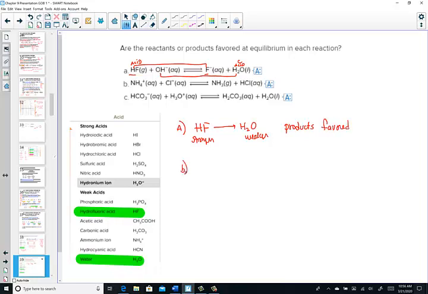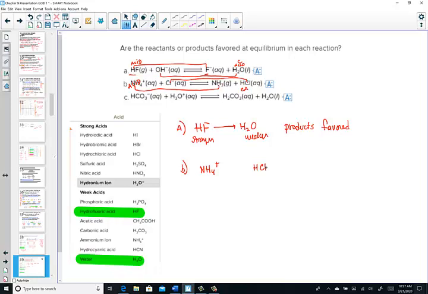How about letter B? Start by finding your conjugate pairs and identifying the two acids. Between ammonium, NH4+, and ammonia, NH3, ammonium has more hydrogen, therefore, on the left side, ammonium is acting as our acid. On the right side, HCl is the acid. Between Cl negative and HCl, HCl is the conjugate acid, the one with more hydrogen.